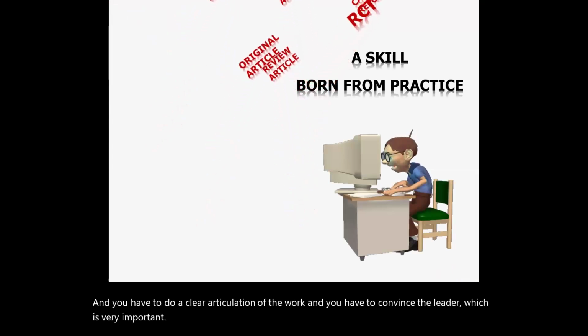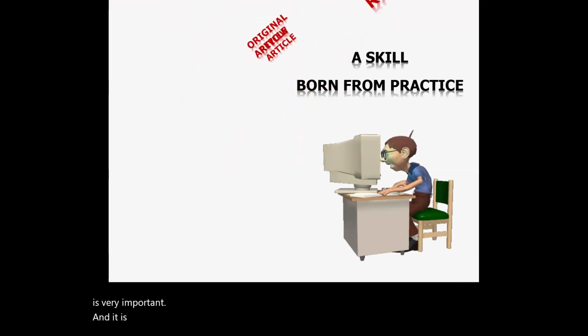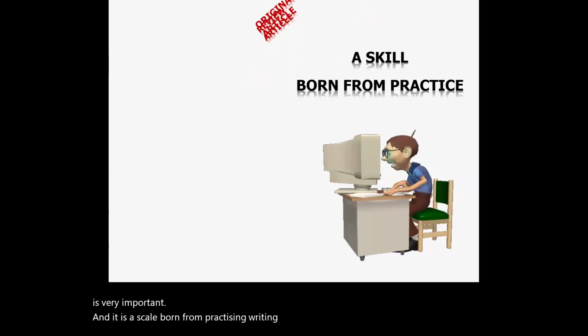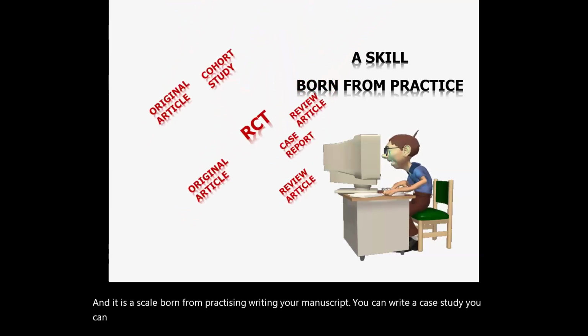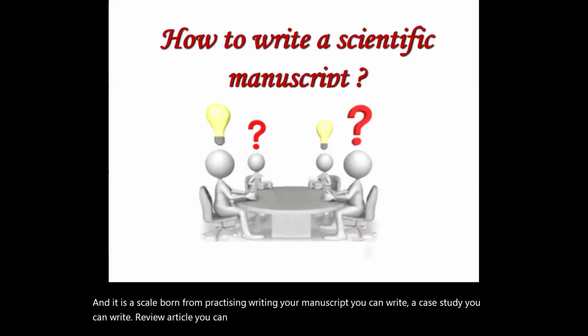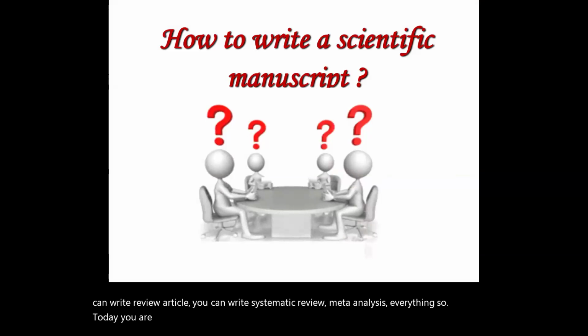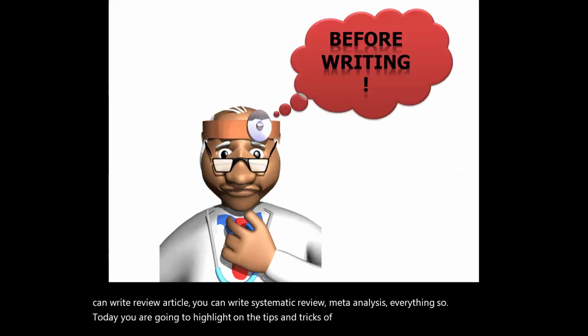And it is a skill born from practicing writing your manuscript. You can write a case study, you can write a review article, systematic review, meta-analysis, everything. So today we are going to highlight the tips and tricks of writing your scientific manuscript.